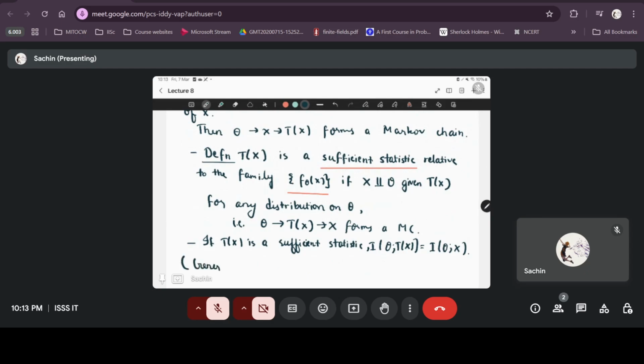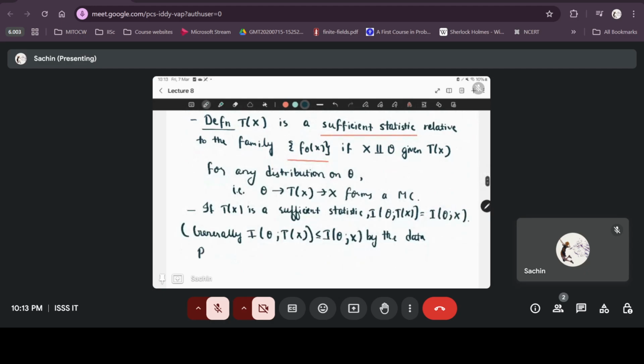Generally, I of theta; T of x is less than or equal to I of theta; x by the data processing inequality.